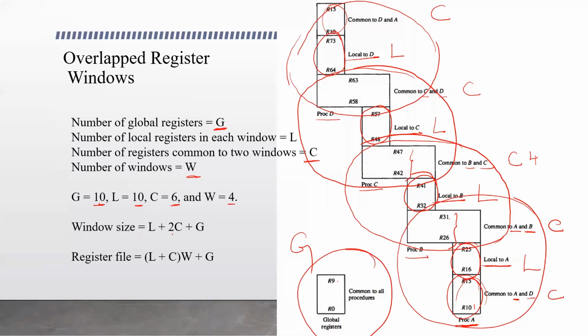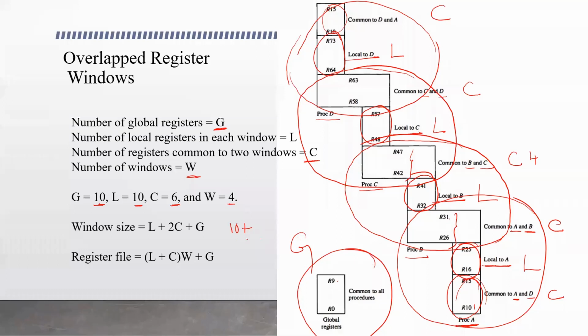L is 10, plus 2C, because every window has 2 common sets of registers, each with 6, so we multiply by 2: 2 into 6, plus G. Every procedure also has these 10 global registers as common, so we add this.